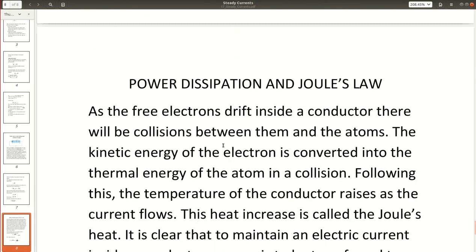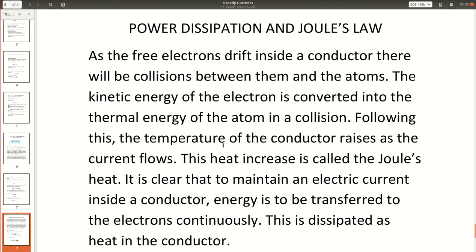Now the electrons are moving, or drifting, in the conductor. The atoms have some energy, and the kinetic energy of the electron is converted to thermal energy because of the collision with the atom.